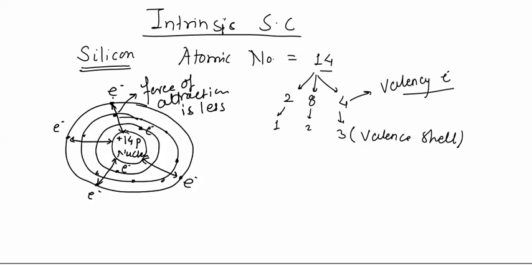If this force of attraction is less, these electrons can easily be removed from here and can be made free electrons. This is how a bond will be broken and an electron will be removed from the outermost shell.